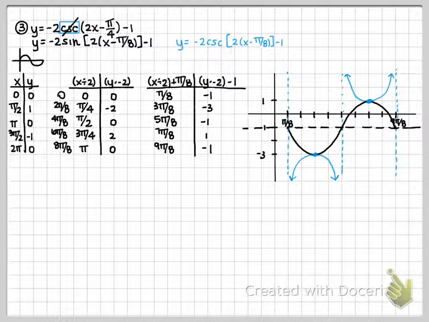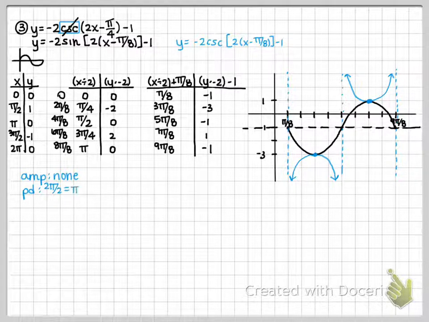So now from here, let's go ahead and identify everything that we need. So amplitude, none. Remember, if you're ever asked amplitude, it better be about sine and cosine. Everybody else has no amplitude. Period. The period for cosecant is the same as the period for sine, which is going to be 2 pi over b, which is going to be 2 pi over 2, which we would not leave as our answer.